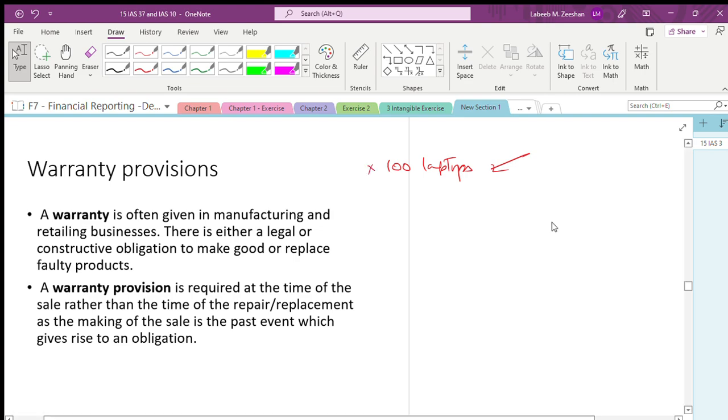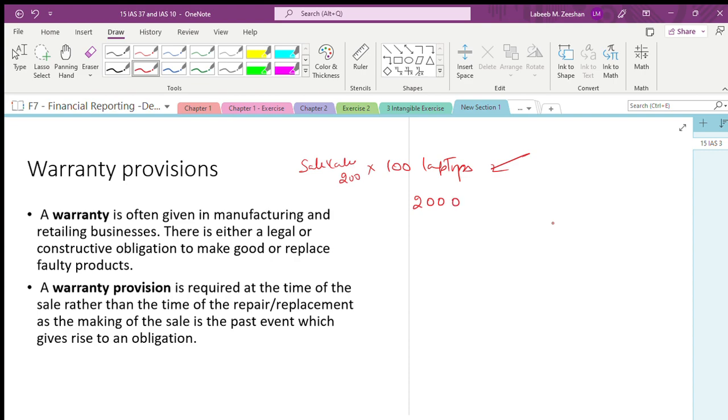If you take into consideration the sale value, how much does it come to? How much will you get?